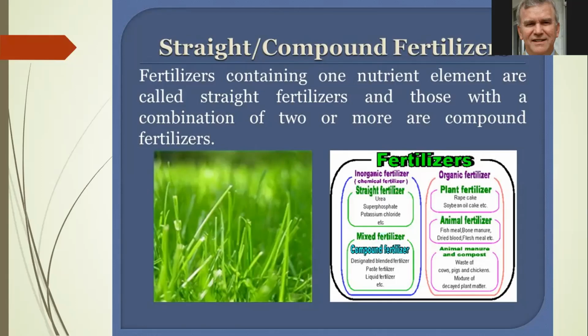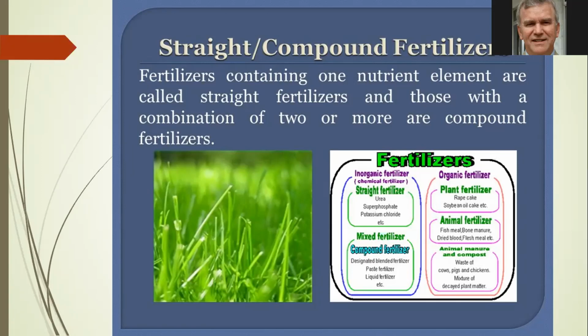And in this case, an inorganic fertilizer is often called a chemical fertilizer. And a straight fertilizer might be, for example, urea by itself, or superphosphate, which is phosphate rock that's treated with acids like phosphoric acid, or potassium chloride, which is a potassium salt.